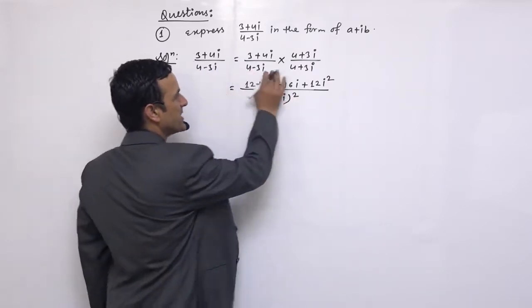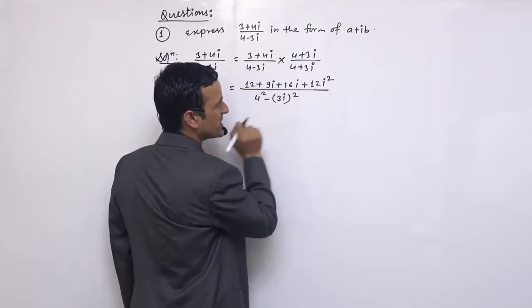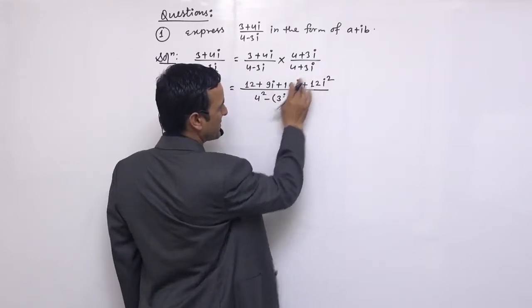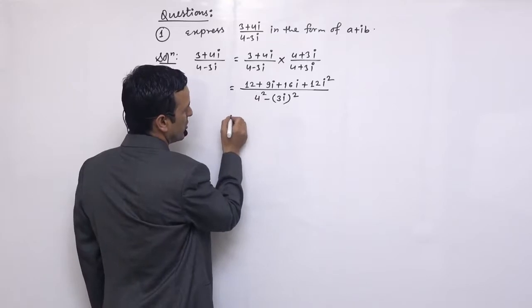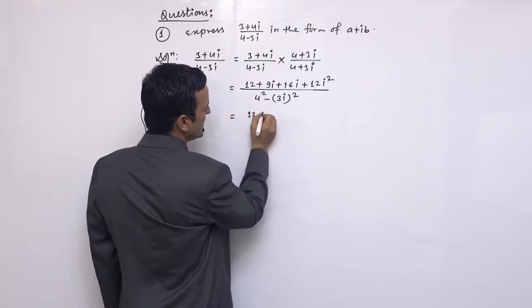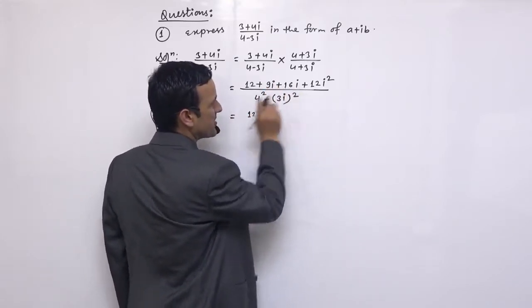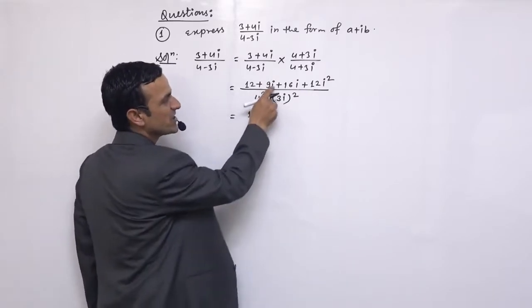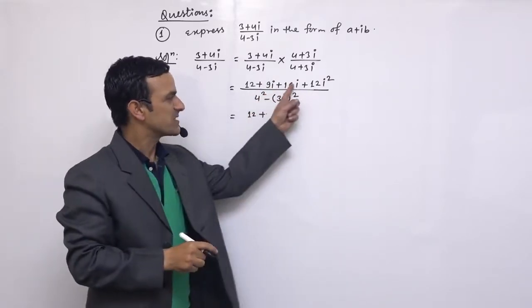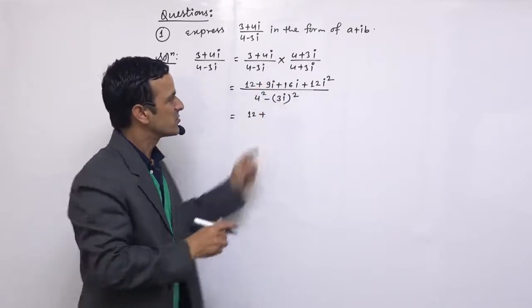Yes, a minus b, a plus b means a square minus b square. So in b we have 3i. So if we solve this, then it will be 12 plus 9i plus 16i. If you add these two terms, then it will be 16 and 9, 25.